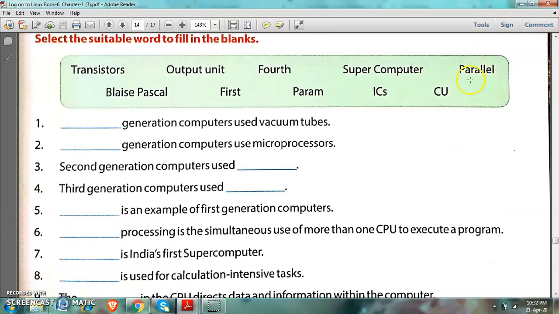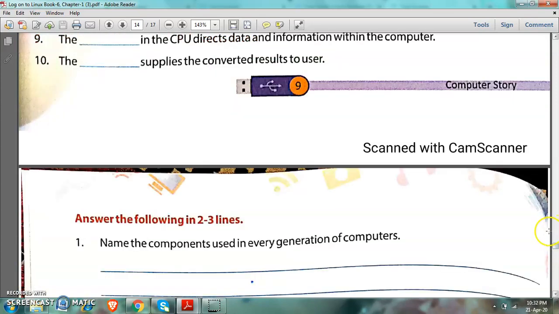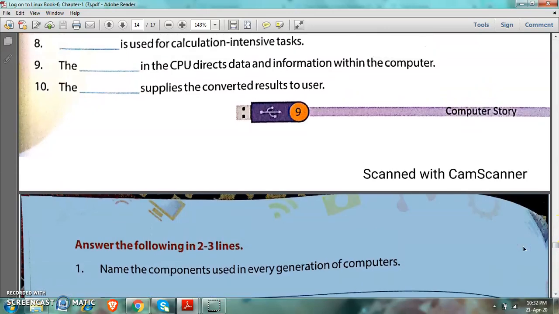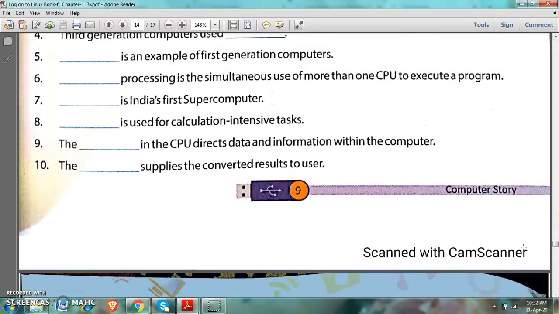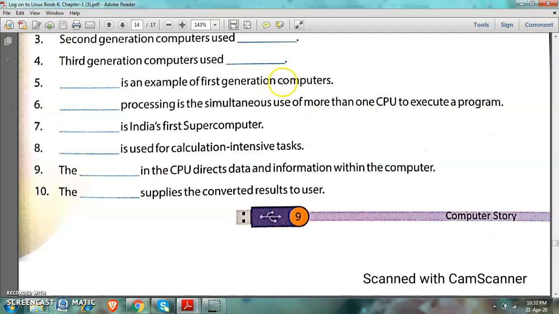PARALLEL, parallel. In the parallel processing, more than one computer is used to execute a program. Okay, so we were on 6th number. Here we will write parallel.